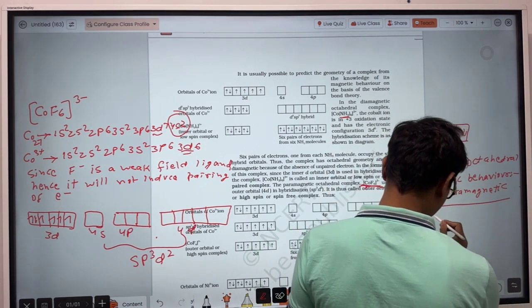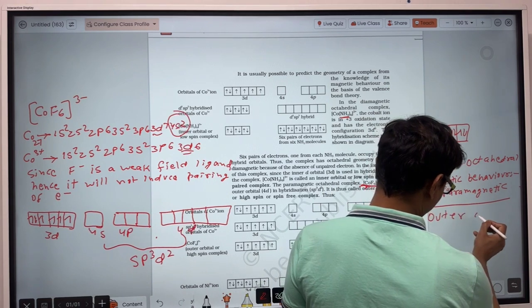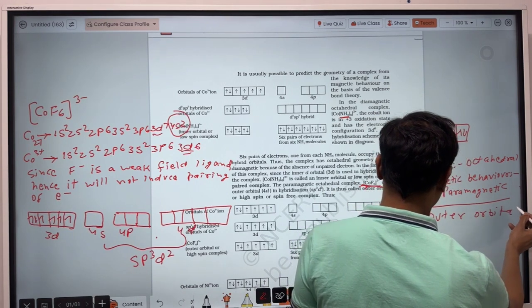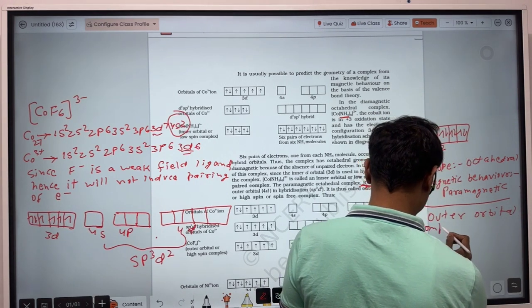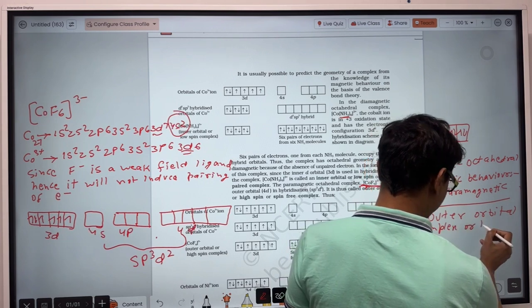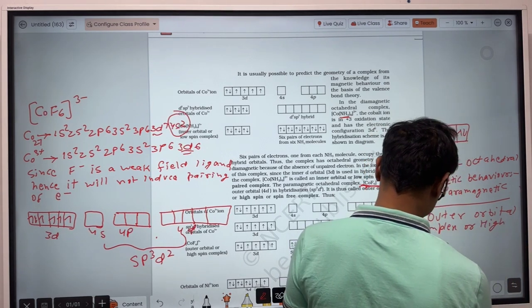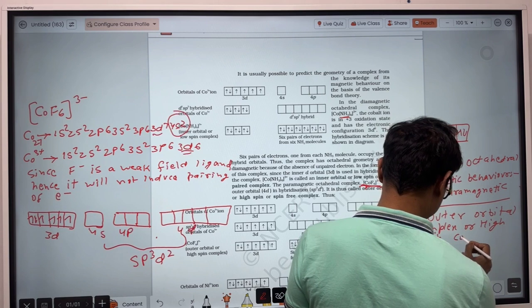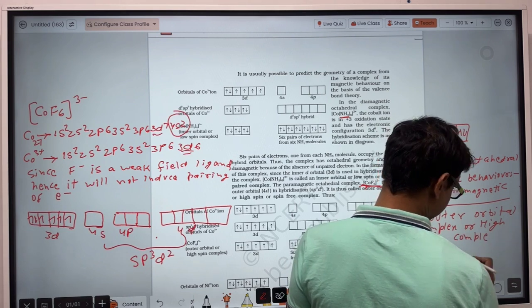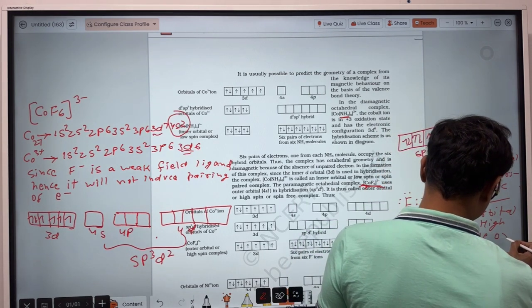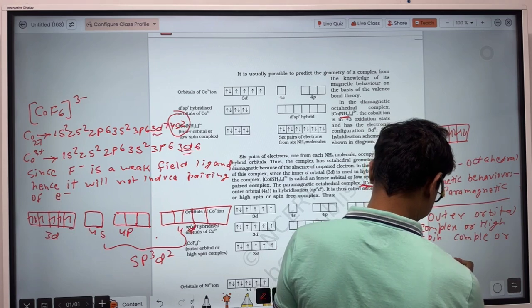And this complex will be called outer orbital complex or high spin complex. And that will be also called spin free complex.